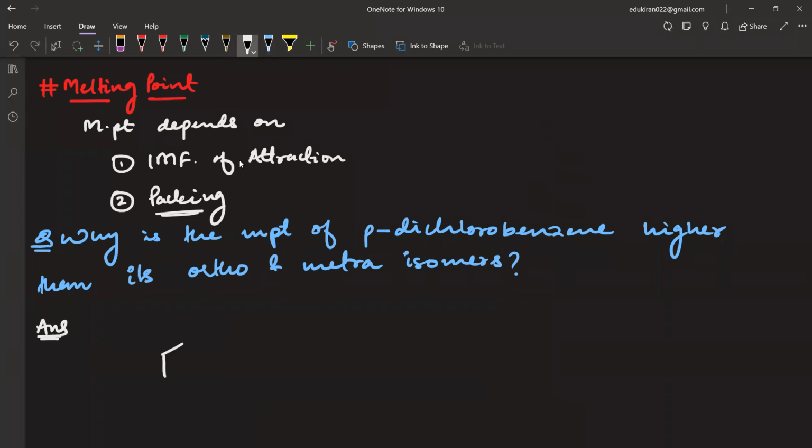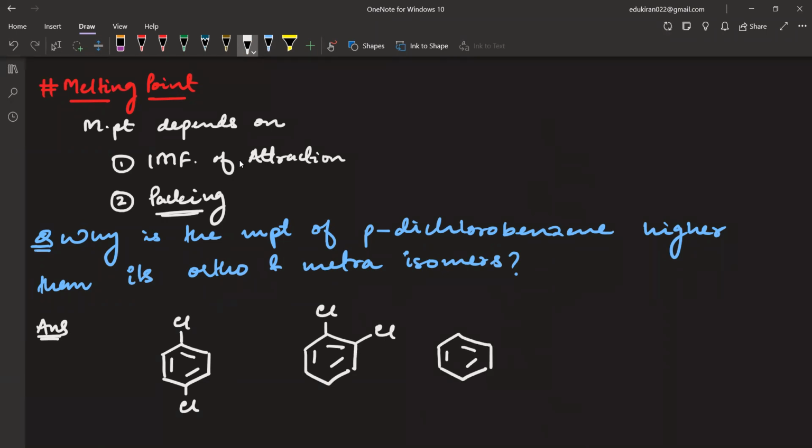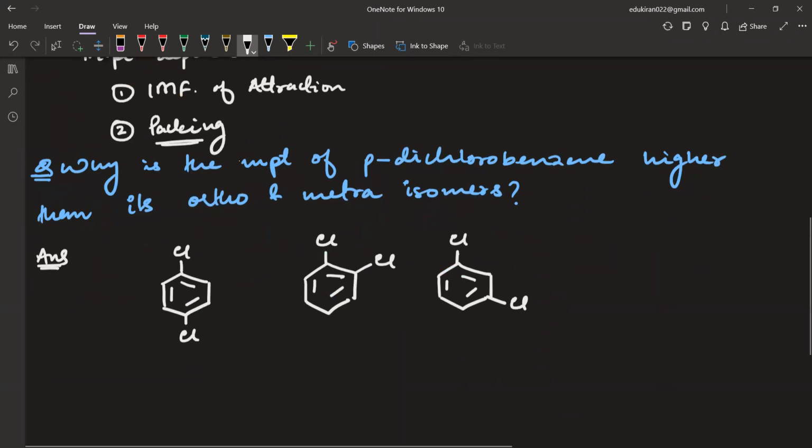If I draw the p-dichlorobenzene, so we have a chloro here. We have a chloro in the para position after 2 carbons. And if I draw the ortho and meta, chlorine, chlorine, chlorine, and chlorine. So as you can see that this is completely symmetrical, and that is why it can efficiently pack.